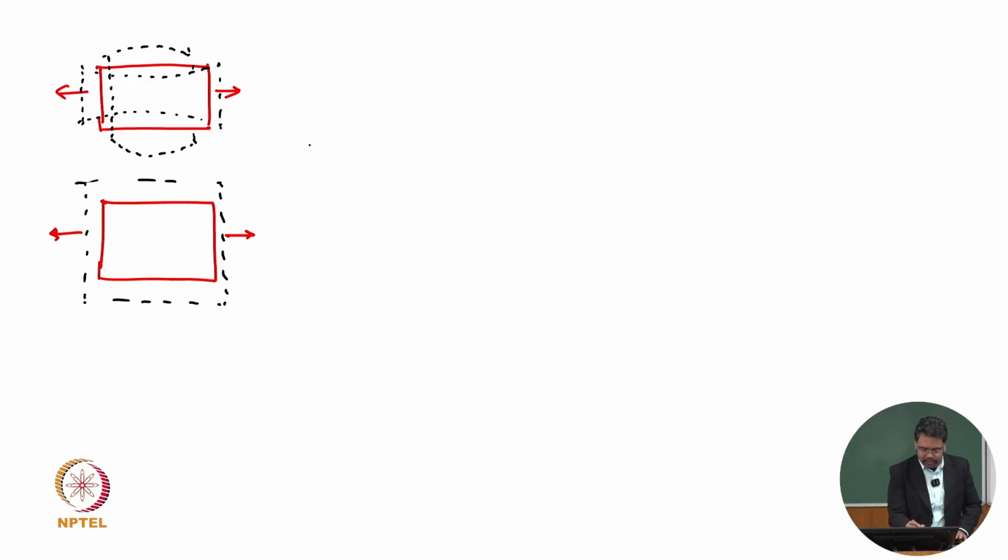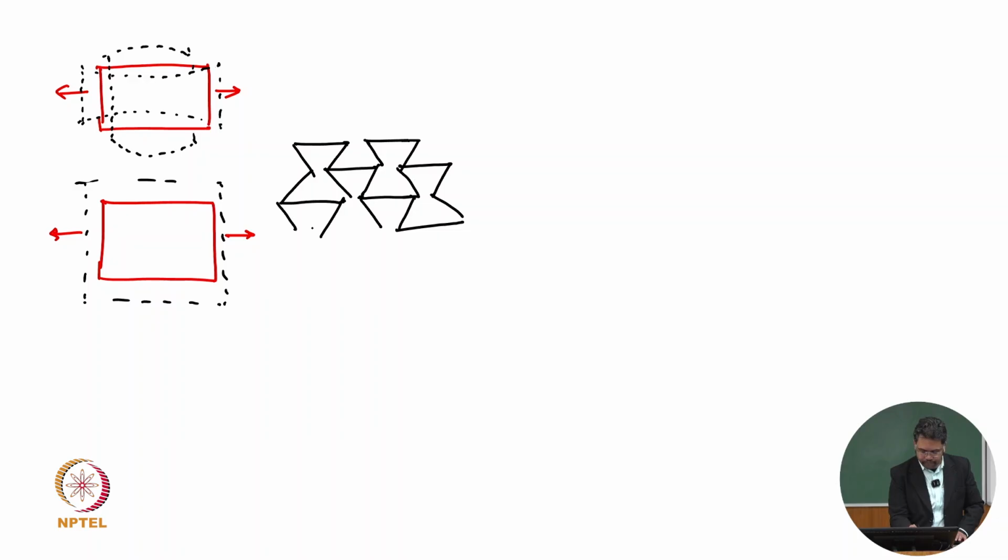So suppose you think of one structure like this, like if you are making a continuum in this manner. Now think, if you are pulling that structure, what will happen?